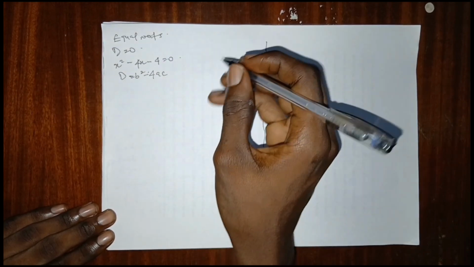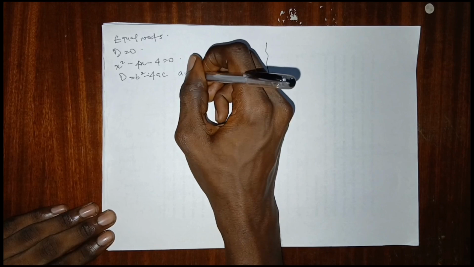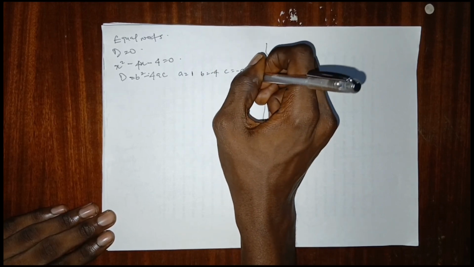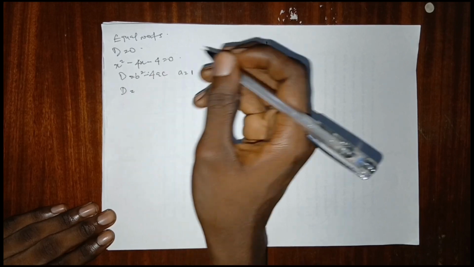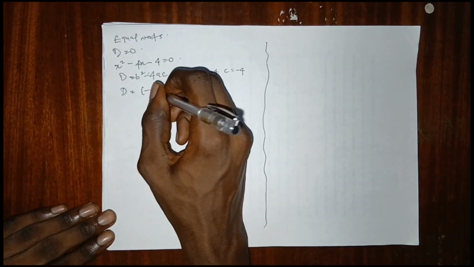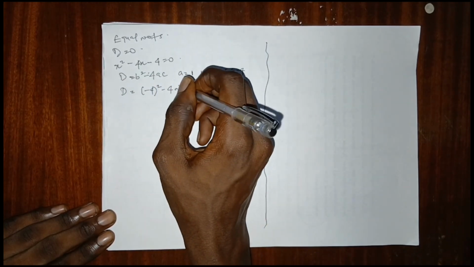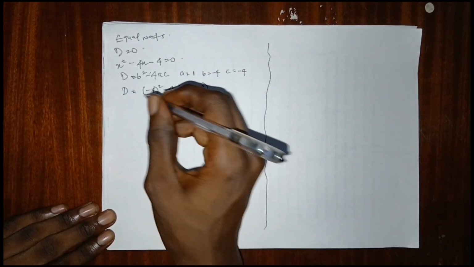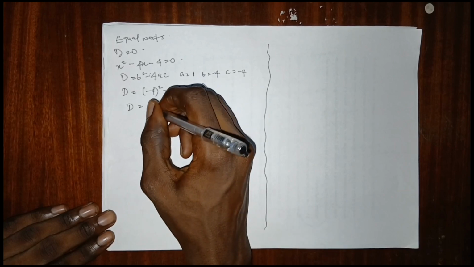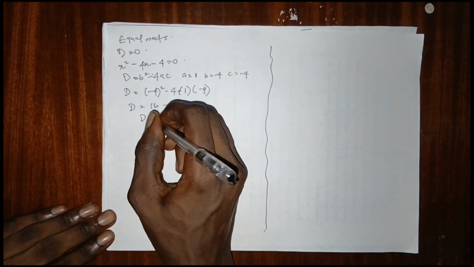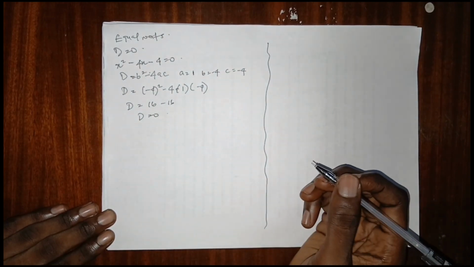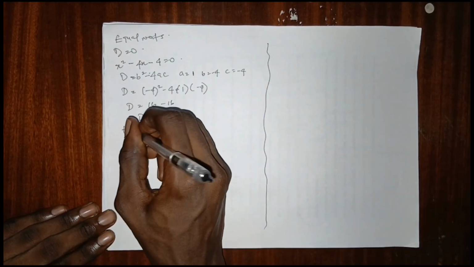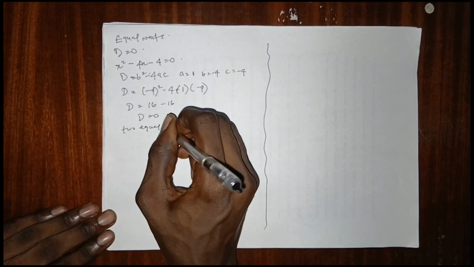From this equation, a is 1, b is minus 4, c is minus 4, and D equals minus 4 squared minus 4 times 1 times minus 4. So you have D equals 16 minus 16, so D is equal to 0.